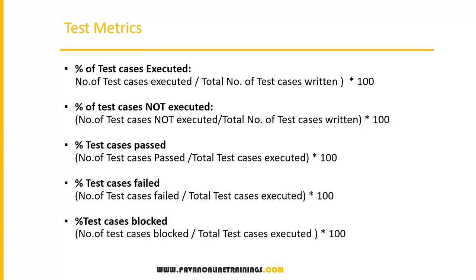So the percentage of test cases passed: the number of test cases passed divided by the total test cases executed, multiplied by 100. Then the percentage of test cases failed: the number of test cases failed divided by the total test cases executed, multiplied by 100. And the percentage of test cases blocked: the number of test cases blocked divided by the total test cases executed, multiplied by 100. So these are a few test metrics.